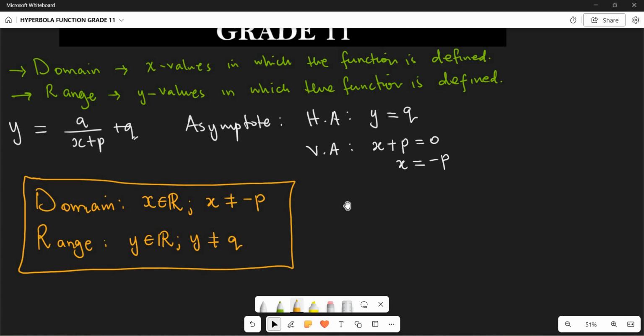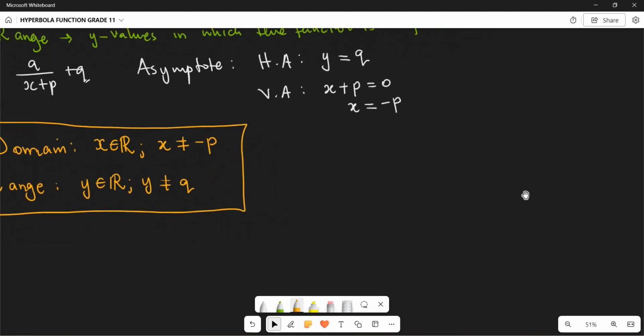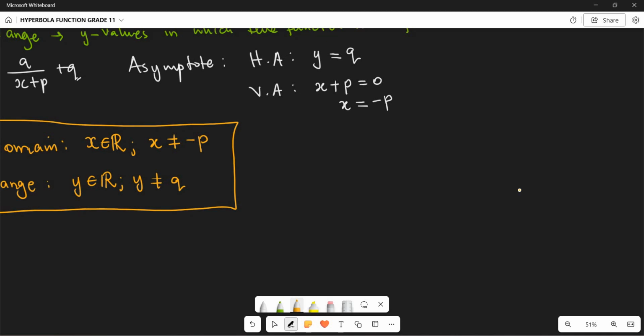Another way would be looking at the graph visually. Let's draw a Cartesian plane like that, and let me have my asymptotes.